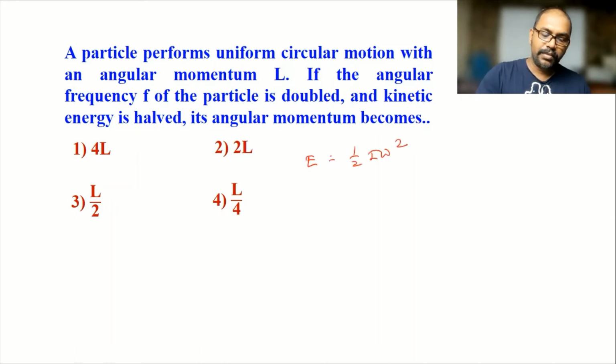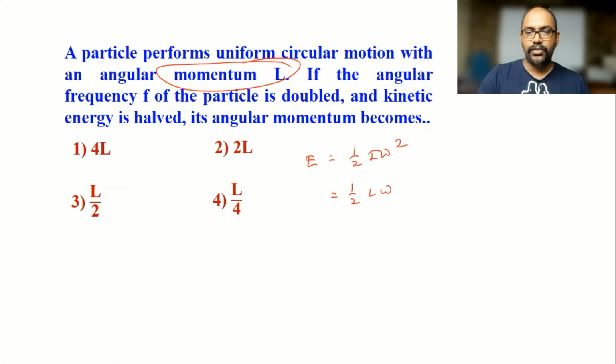But here we have to write this formula in terms of angular momentum. So 1 by 2 L omega, since I omega is L. Then we have to find the angular momentum. So L is equal to 2E divided by omega. So this is the formula.